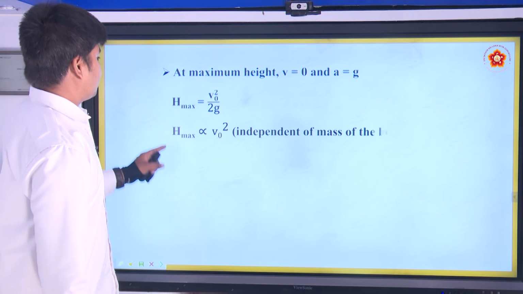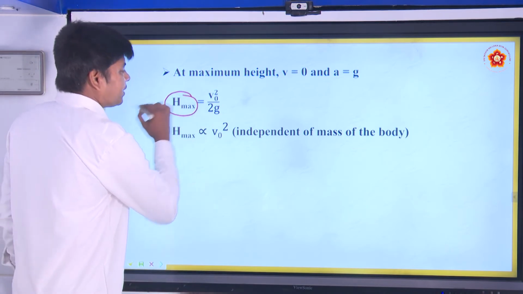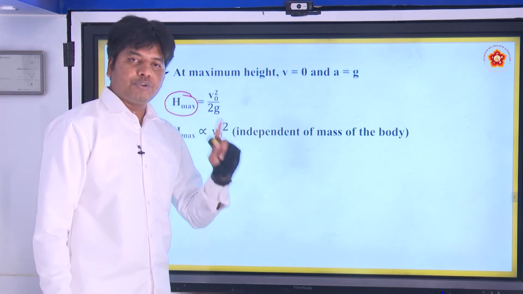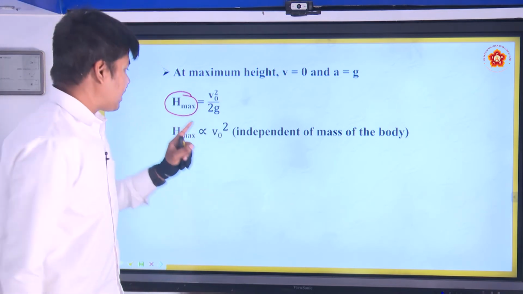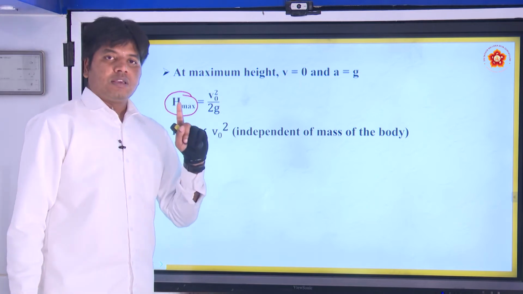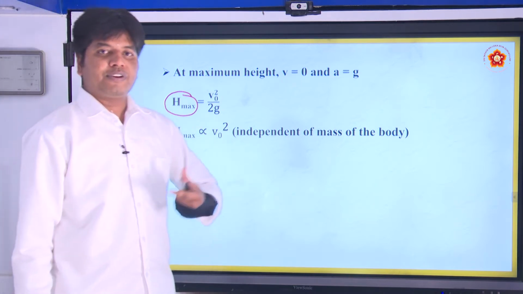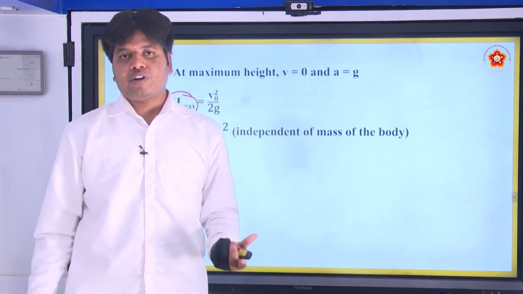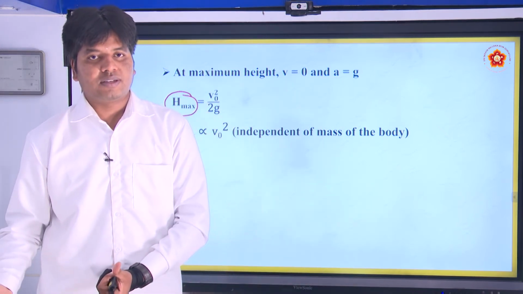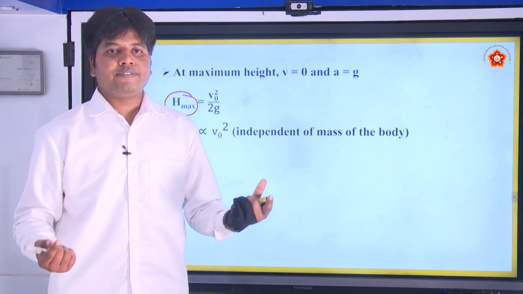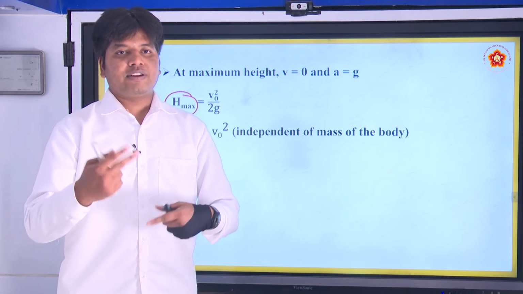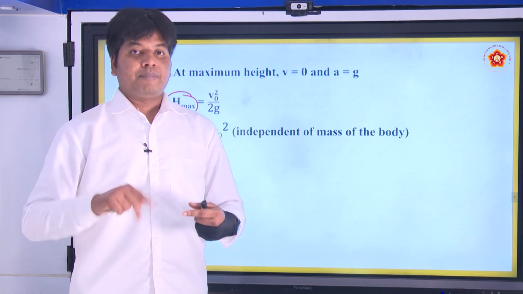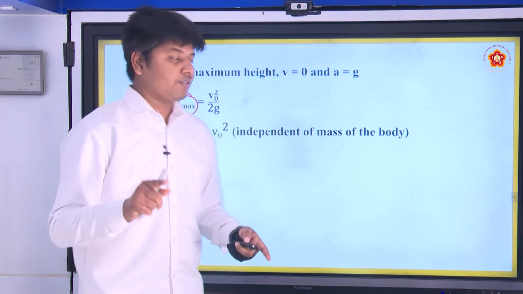So how much height you are able to get depends on your initial velocity. If you give your initial velocity more, your height will be more. If you are given two bodies of different velocities, one body having velocity v01 and one having v02, depending on those velocities, the ratio of their maximum heights will be equal to the ratio of their velocities squared. Yes or no?